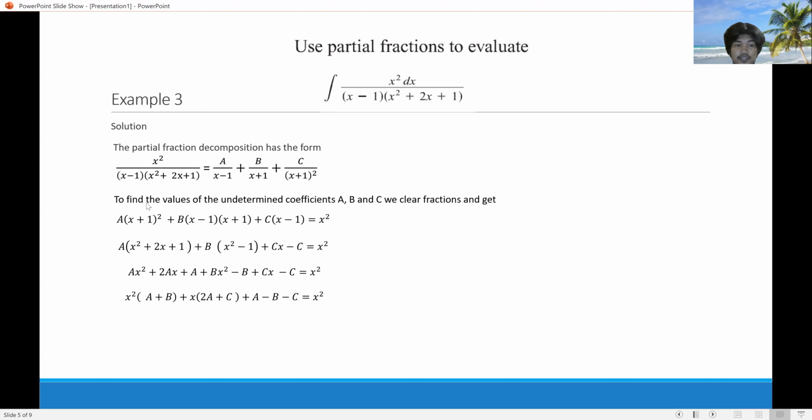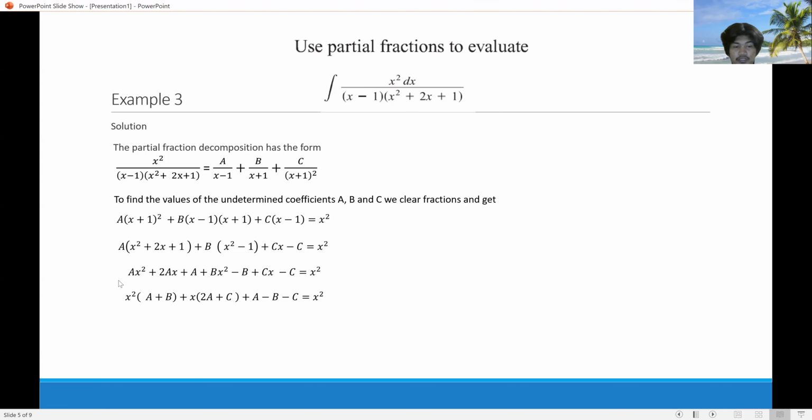Then we multiply C into this parenthesis, we get Cx minus C. And then multiply A into the parenthesis, we get Ax squared plus 2Ax plus A, plus Bx squared minus B, plus Cx minus C.